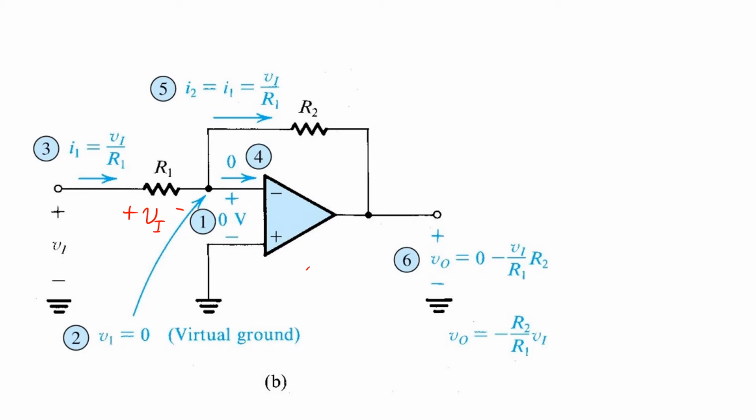The current I2 flows across resistor R2 and induces a voltage drop across it, I2 times R2. Now, if we substitute in what we know about I2, we find that that voltage drop is equal to VI over R1 times R2.